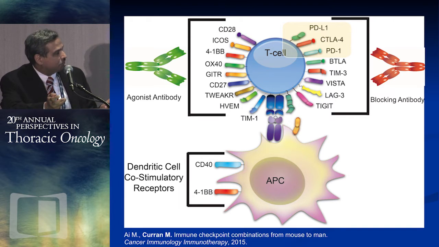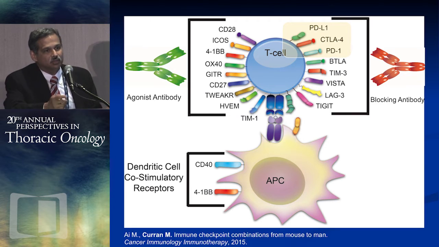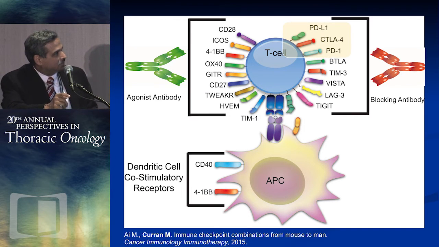And so you can have antibodies that inhibit PD-L1 or PD-1 or CTLA-4 that block these molecules, block the signaling, and thus inhibit the inhibitory effect of these molecules. But you can have agonistic antibodies for the co-stimulatory molecules that enhance the activity of these cytotoxic T cells. And I'll come to this issue a bit later on.